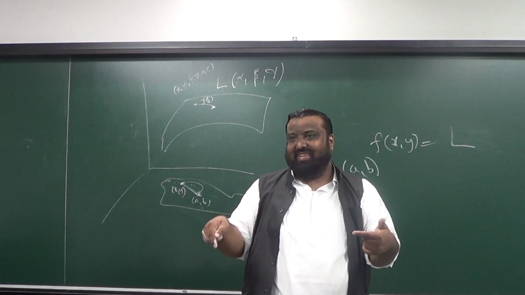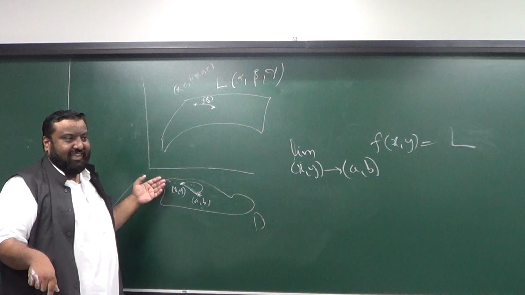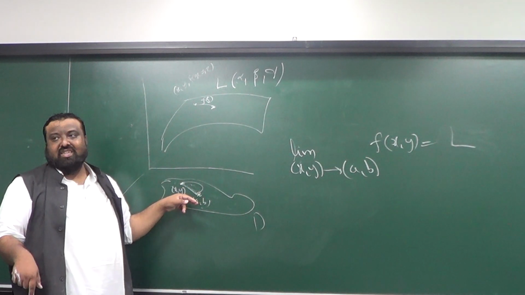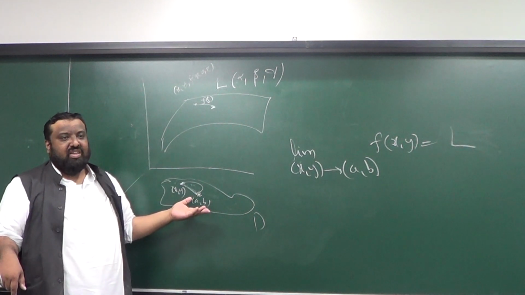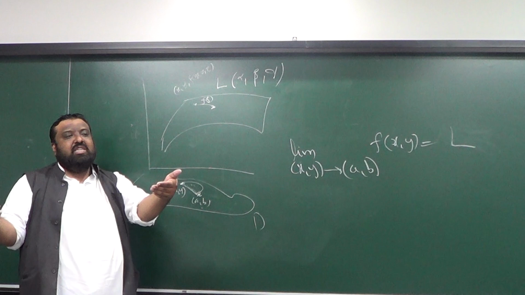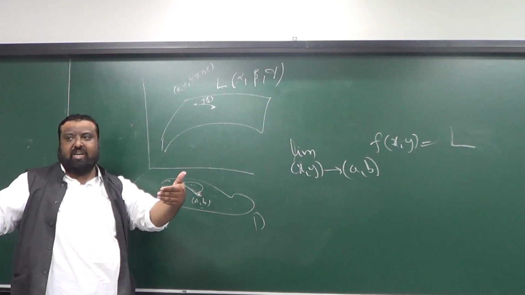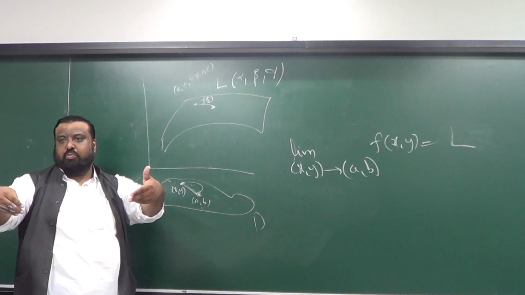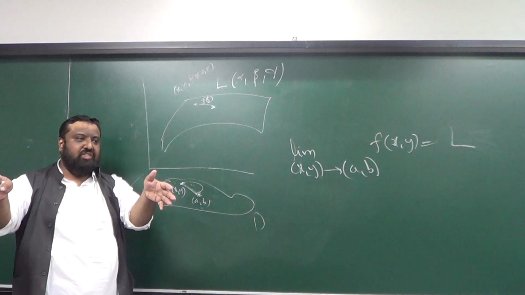But now, if you are not on a line but on a plane, to reach from one point to another point, you have different ways. And in one dimension we know that if I approach from left or from right, and I'm getting the same value as an output, as a limit, then you can say the limit exists in general.